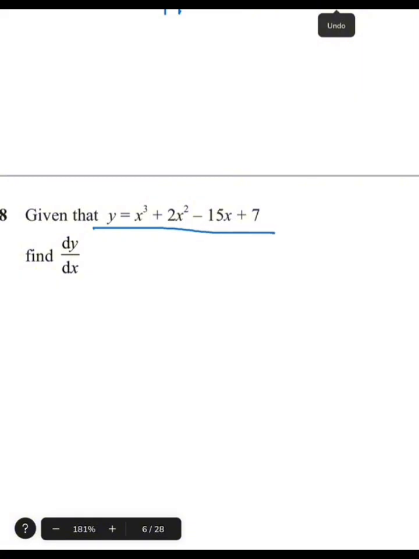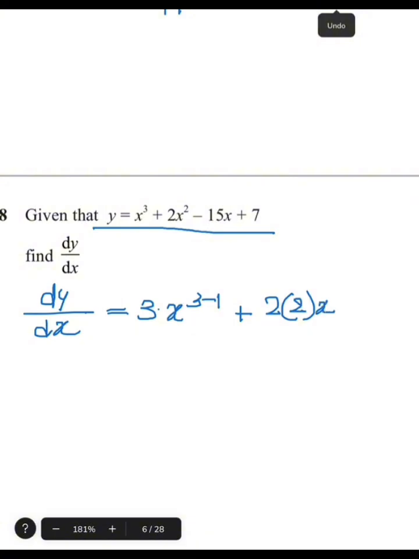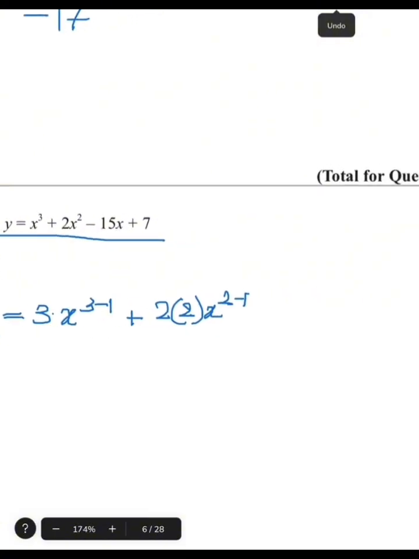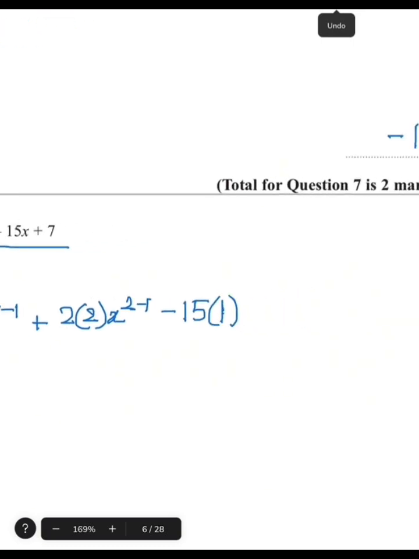They're telling us to differentiate the given equation for y. dy by dx: 3 will go in the front because it's the power, then 3 minus 1, plus 2 times 2 as it goes in the front, then 2 minus 1, minus 15 times 1 as the x has just 1 as its power, however the x will be 1 minus 1, plus 7 times 0.